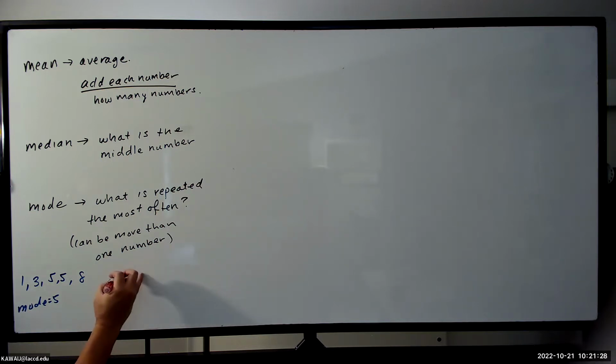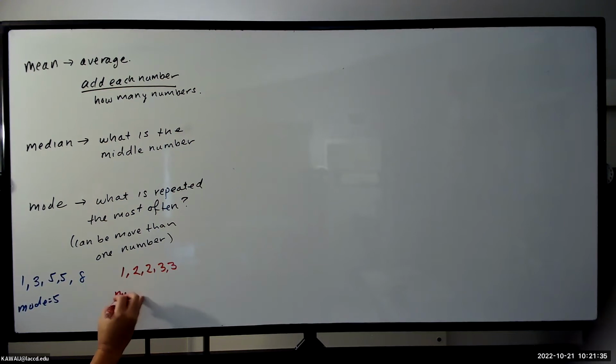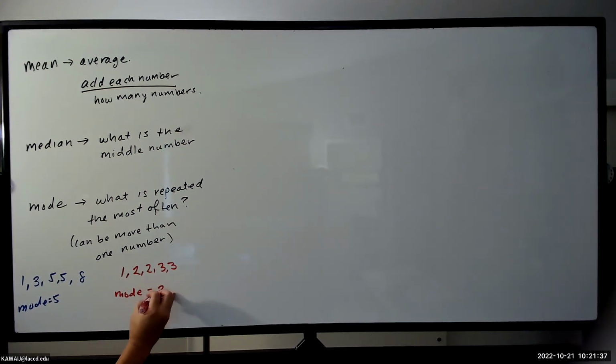Now, the other thing they can do is they can give you something like this. So then the mode is equal to both 2 and 3. Okay, so you can have more than one.